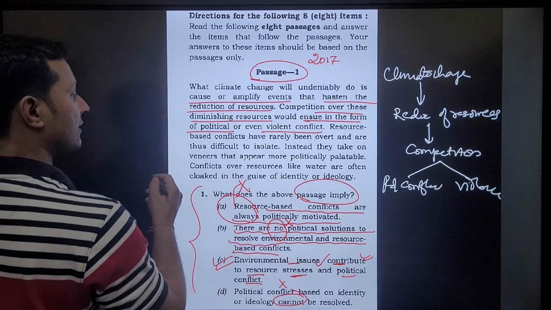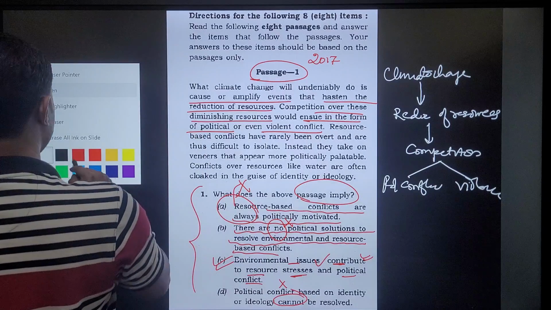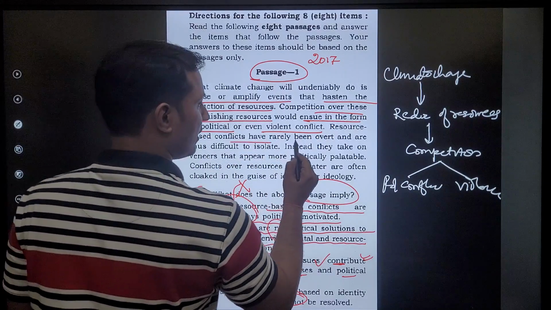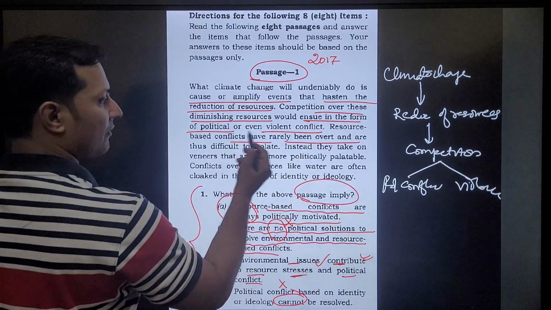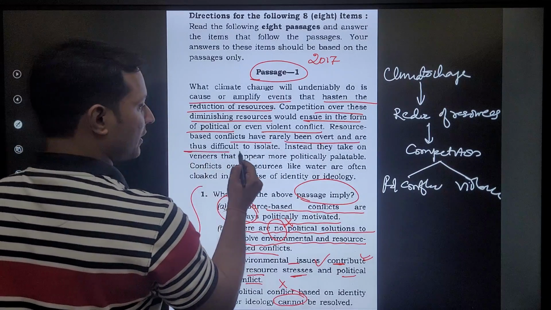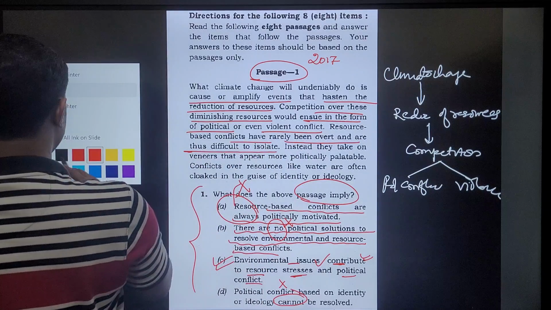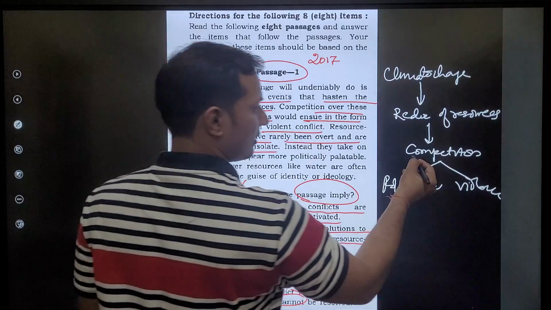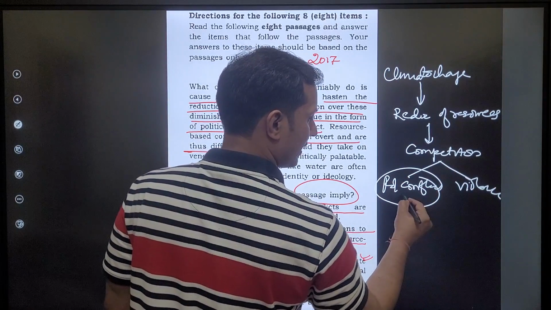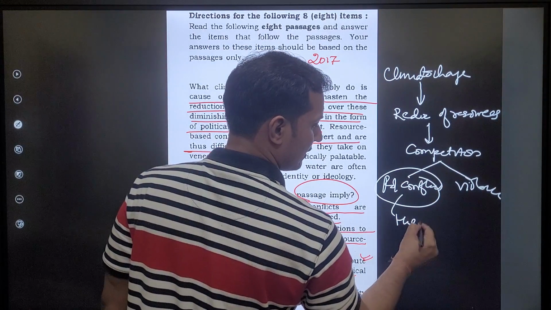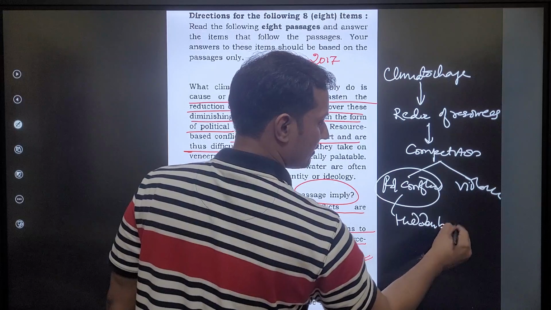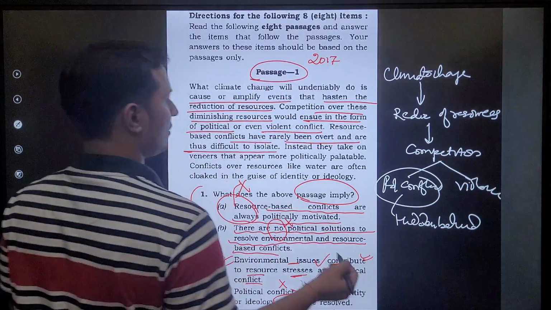Okay. Next statement says that resource-based conflicts have rarely been overt and are difficult to isolate. It says that the resource conflicts, okay, they are not overt, means they are hidden behind other things. What are these other things?